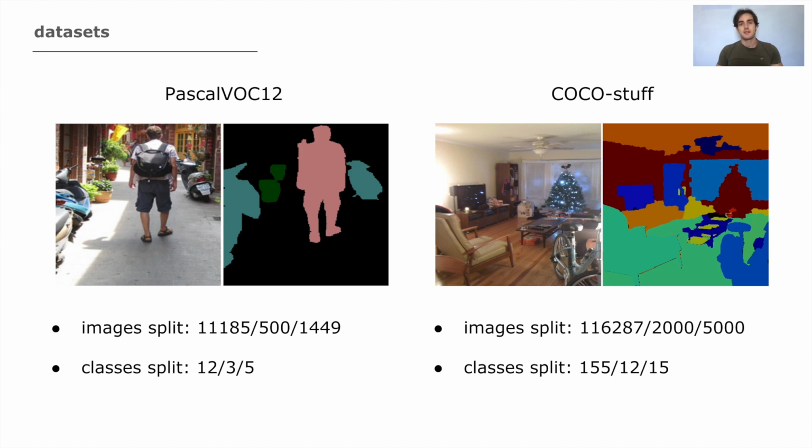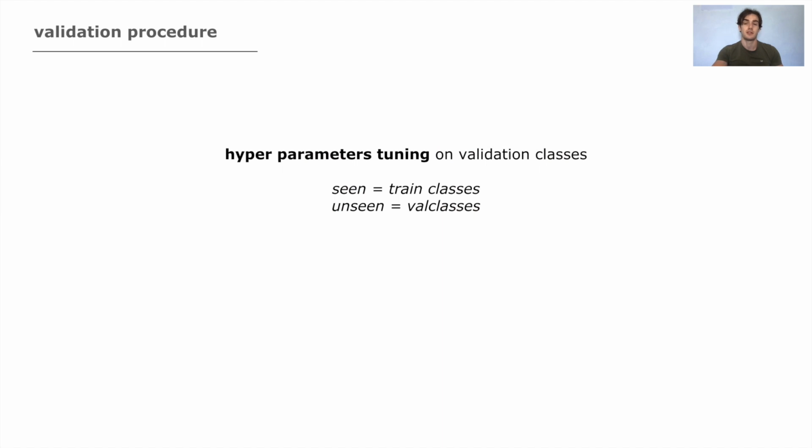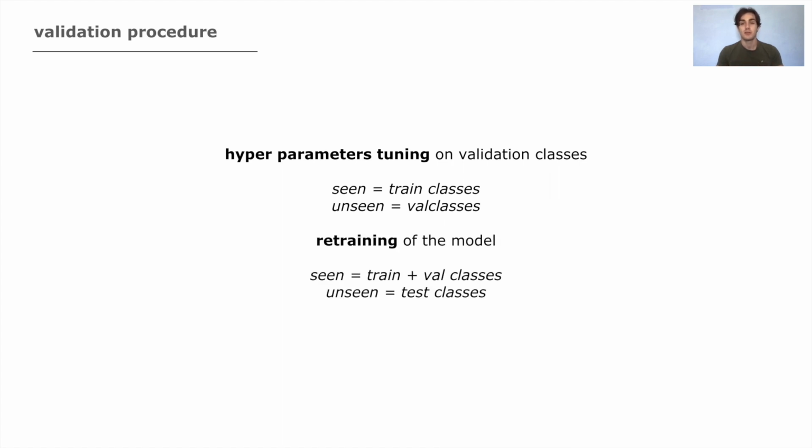As the train and validation sets belong to disjoint subsets of seen classes, we use the following two-stage procedure for fine-tuning. We first select the best hyperparameter considering as seen the training classes and as unseen the validation ones. Then we perform training considering as unseen both training and validation classes with fixed hyperparameters, so without looking at the validation set again.